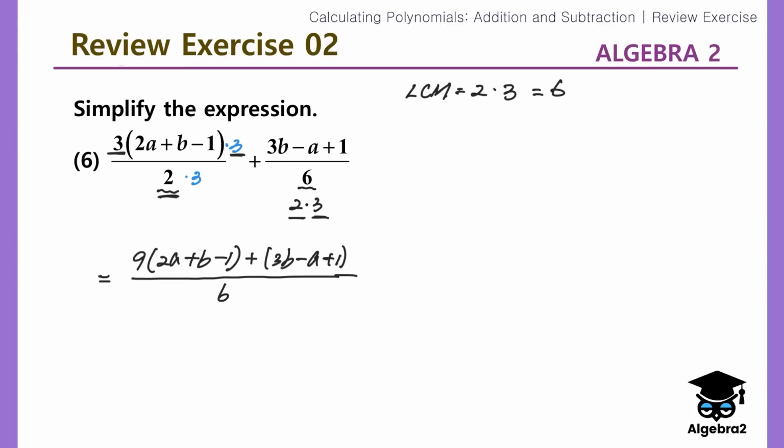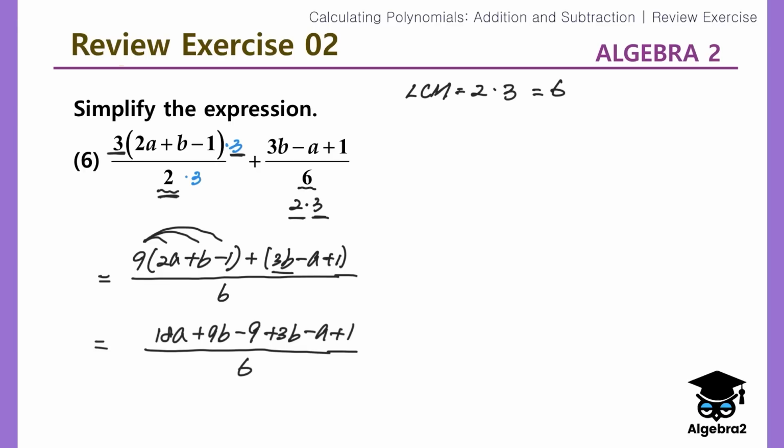So let's solve the parentheses now. We have 9 times 2a, that's 18a. 9 times b, plus 9b. 9 times minus 1, minus 9. We have a plus 3b plus 3b minus a plus 1 over 6.